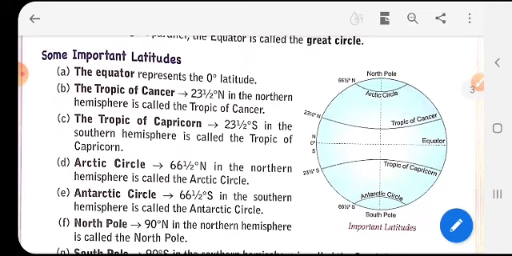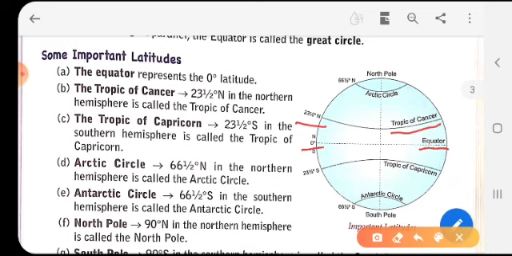Now let's see some important latitudes that we should know. Actually there are many lines drawn parallel to the equator, but there are some important latitudes which are to be remembered and learnt. The equator represents the 0 degrees latitude. Now look to the north of the equator. You will find the Tropic of Cancer at 23.5 degrees north.